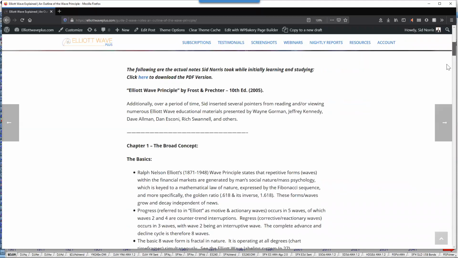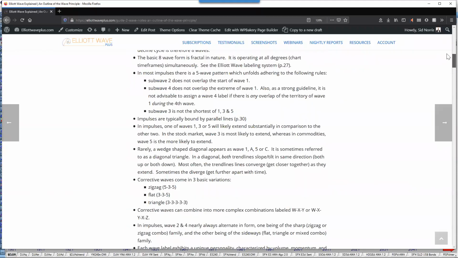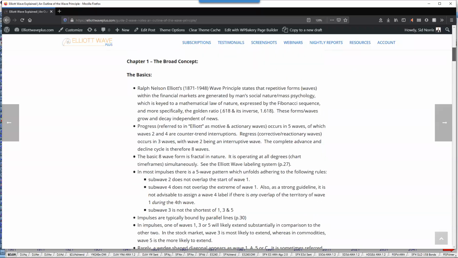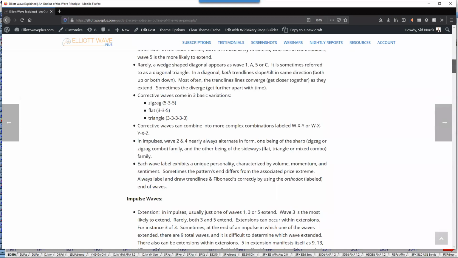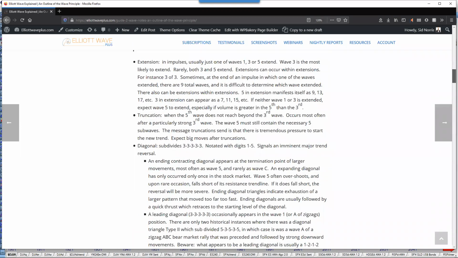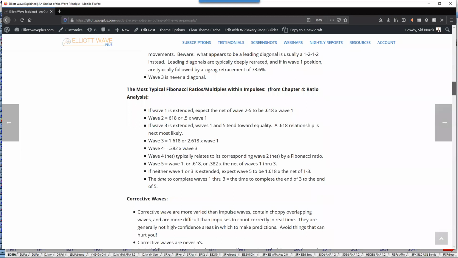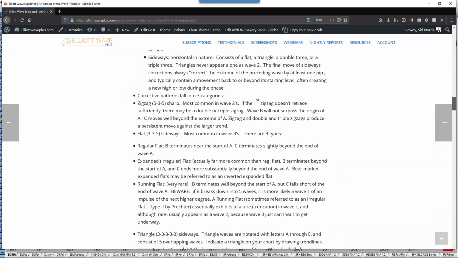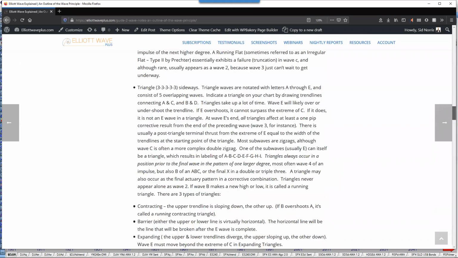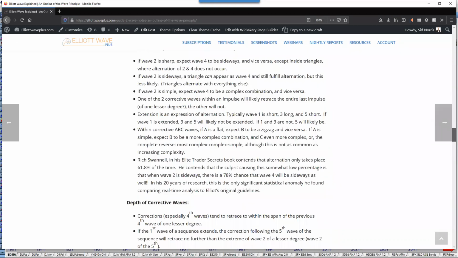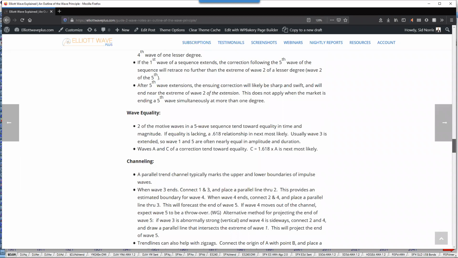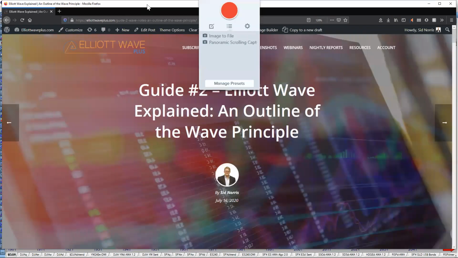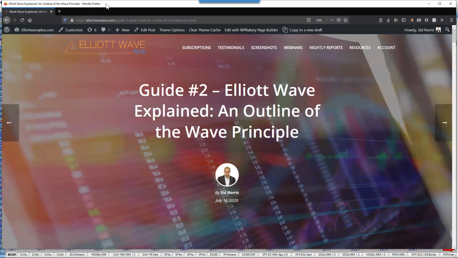You can very quickly look at the basic rules and guidelines, the definition of an impulse wave, typical Fibonacci relationships, definitions of all the different kinds of corrective waves, and a number of guidelines, including how to draw Elliott wave trend channels.